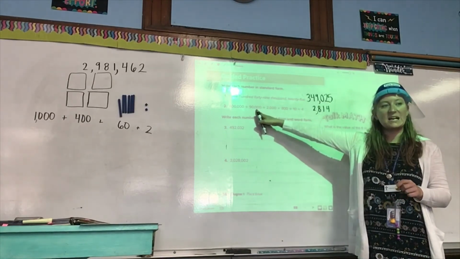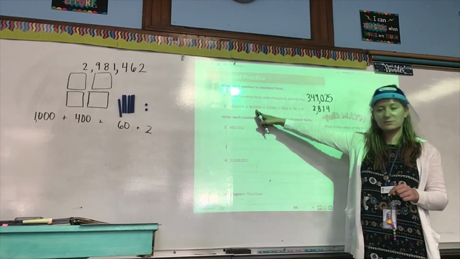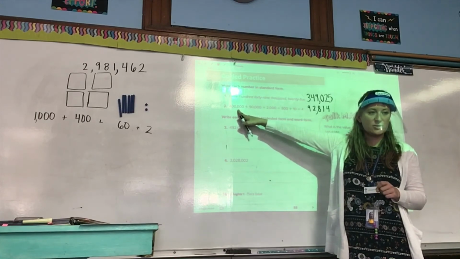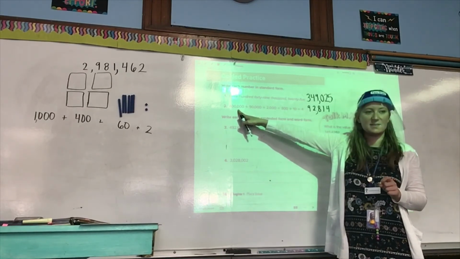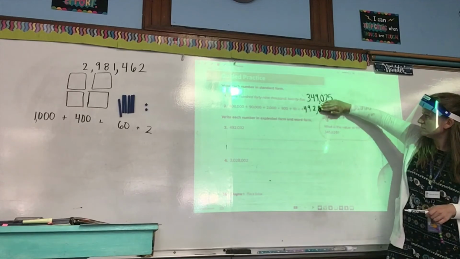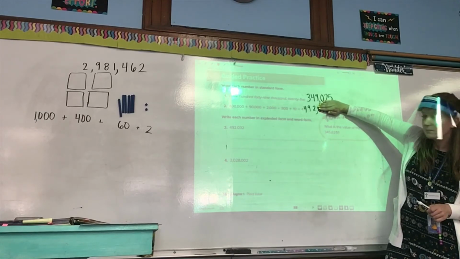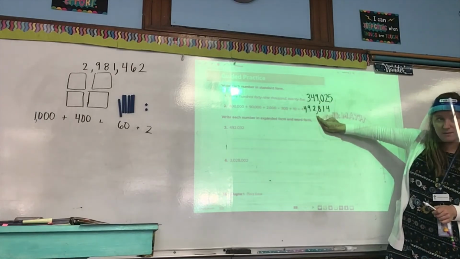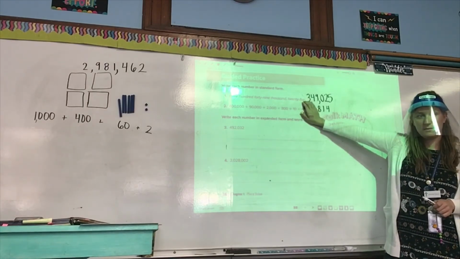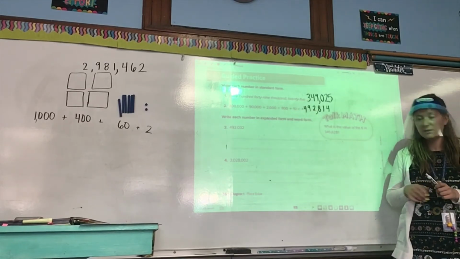Now we have 90,000. What digit in the 10,000s place is worth 90,000? 9. And then we have 400,000. What digit in the 100,000s place would be worth 400,000? 4. So read this number, Cullen. 492, 814. So say that whole number together.